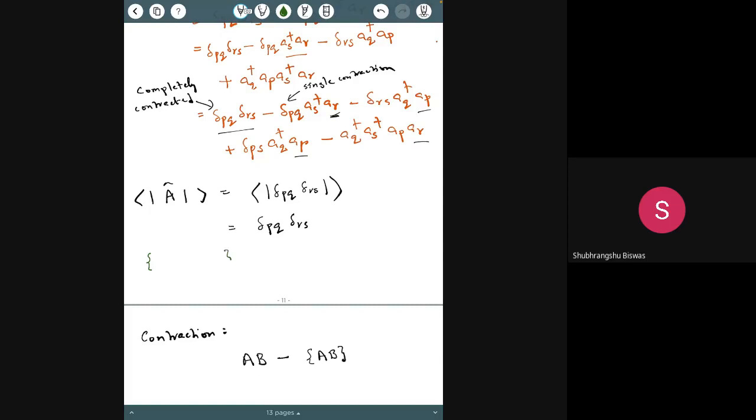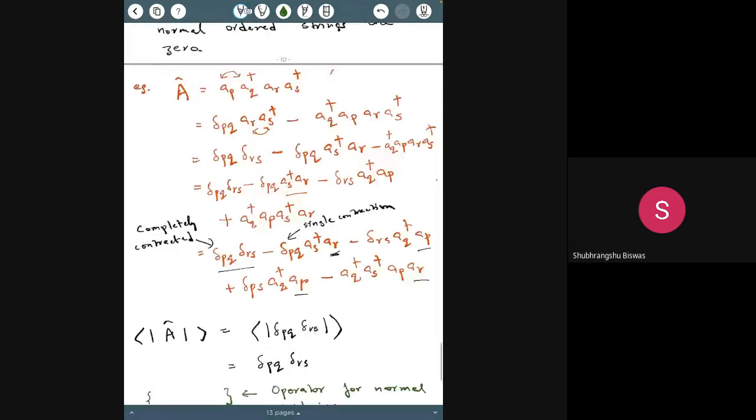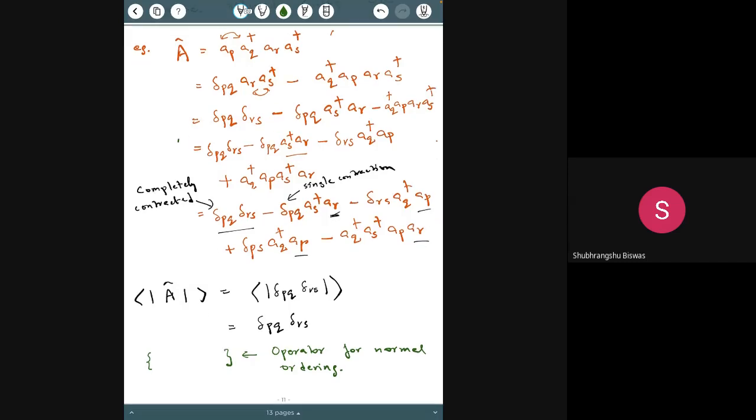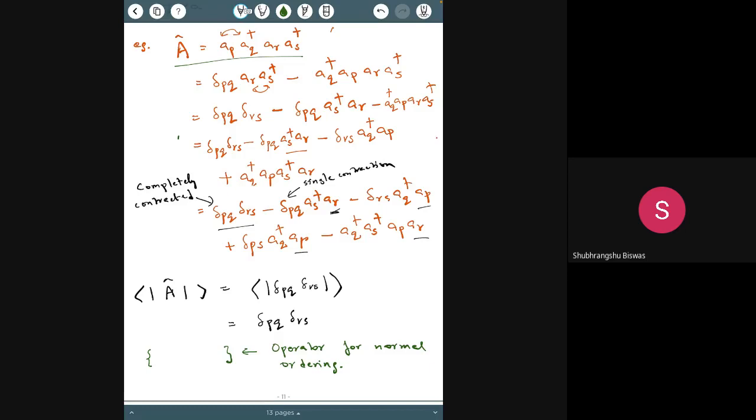This is the operator for normal ordering. So what does that mean? Over here, if I told you that A is this string, evaluate normal order A, then you would have done the same thing. So the bracket is sort of an operation which orders the string inside it.